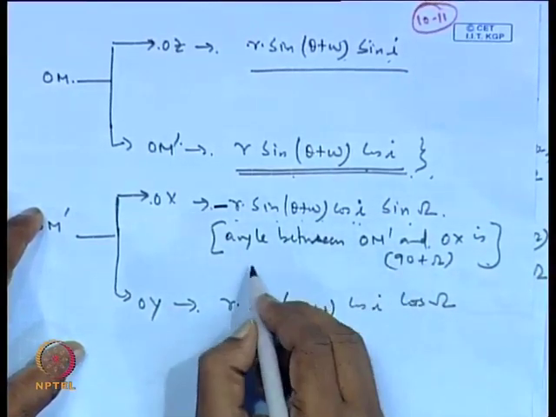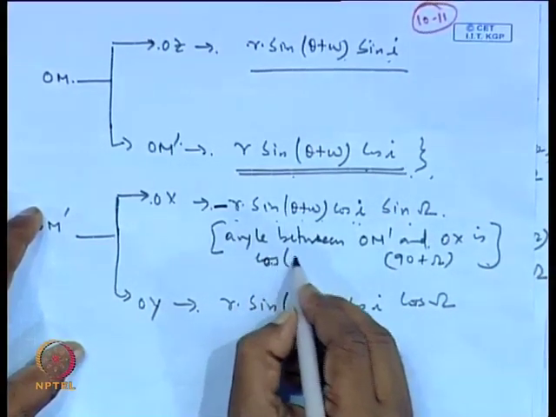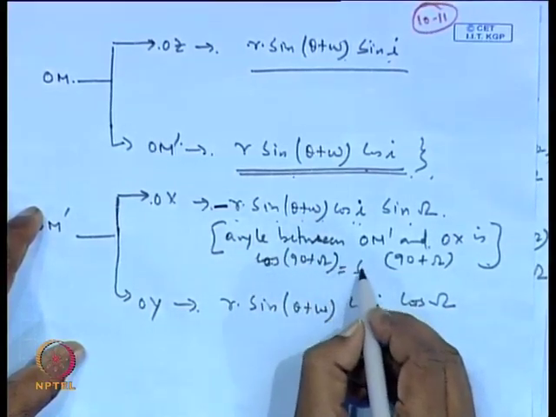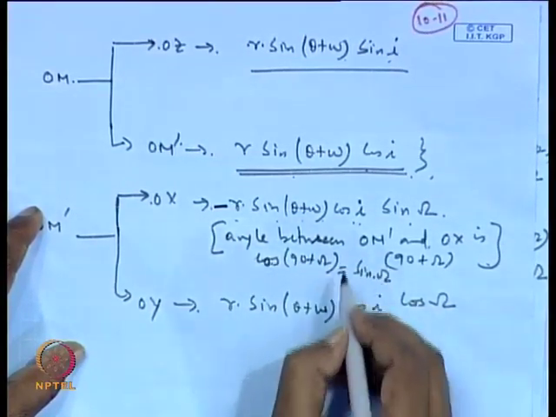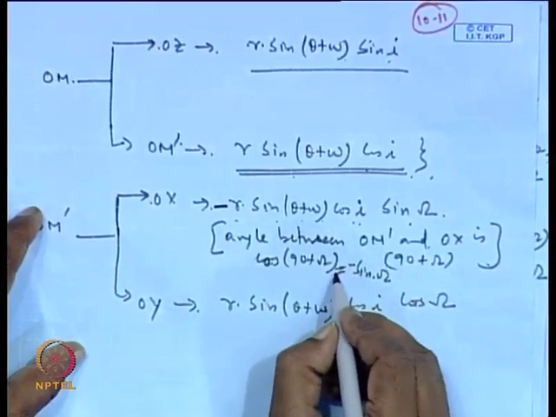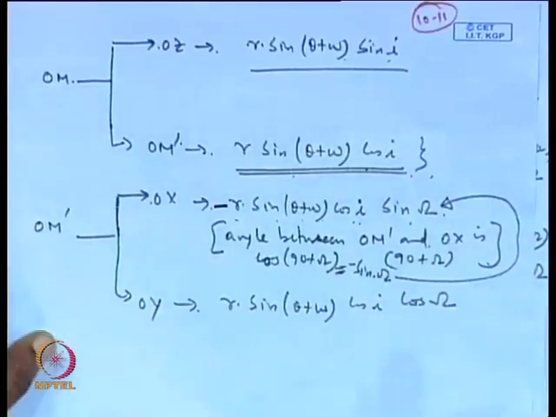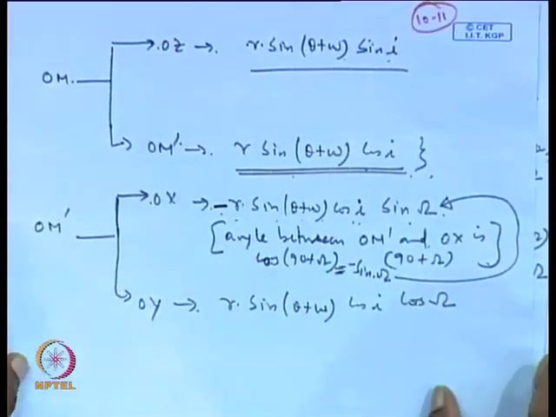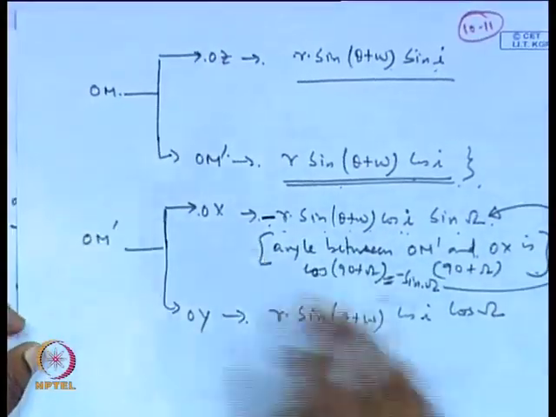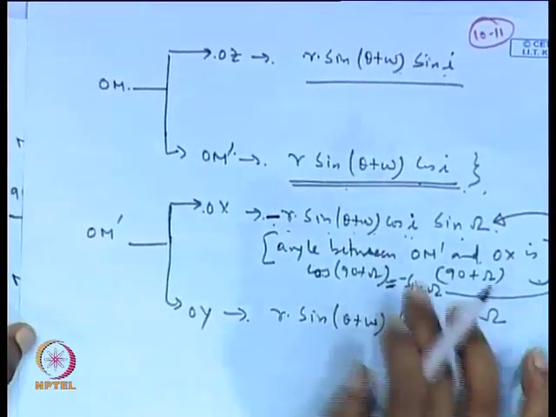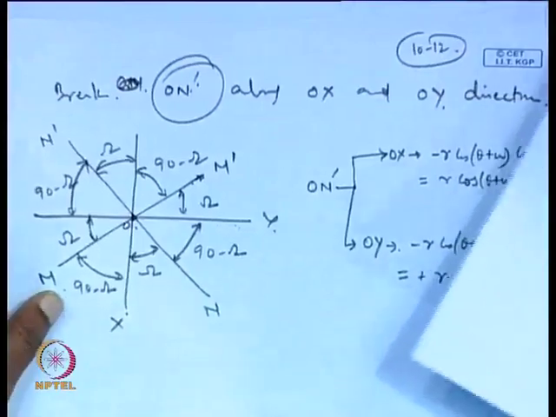Okay. So, once we take cos 90 plus capital omega, this is equal to sin capital omega with a minus sign. Okay. So, this is what has appeared here in this place. So, the minus sign here should be introduced. So, this is O x is equal to minus r sin(theta plus omega) cos I sin capital omega, okay.